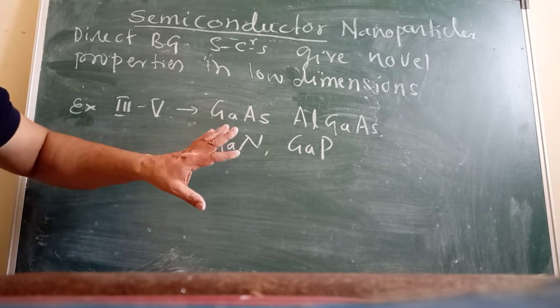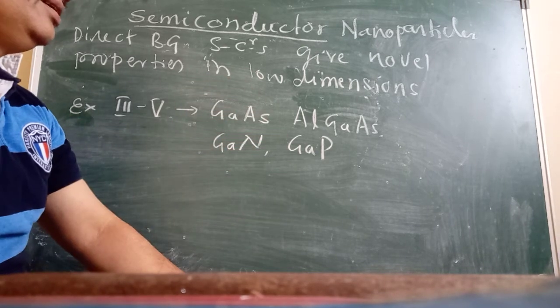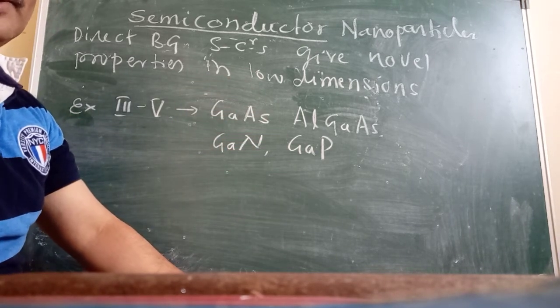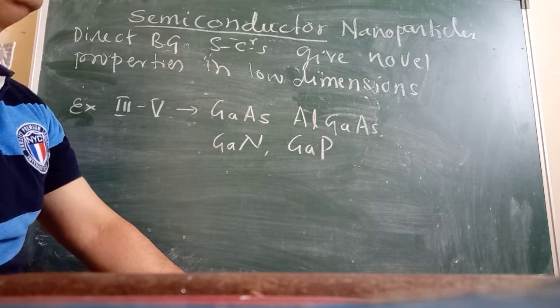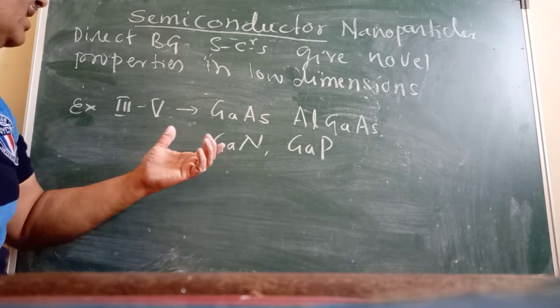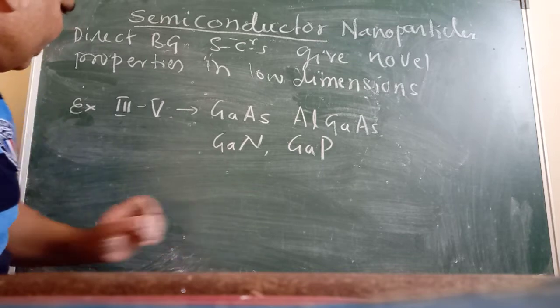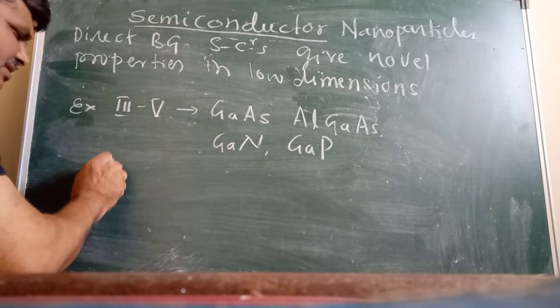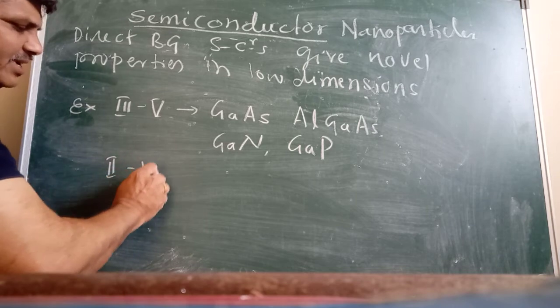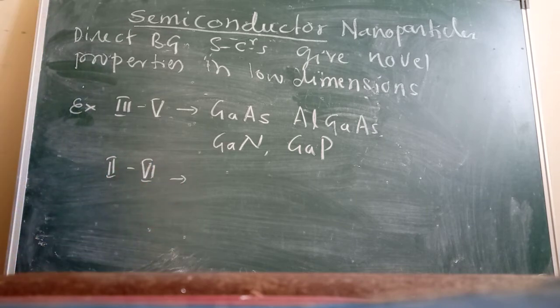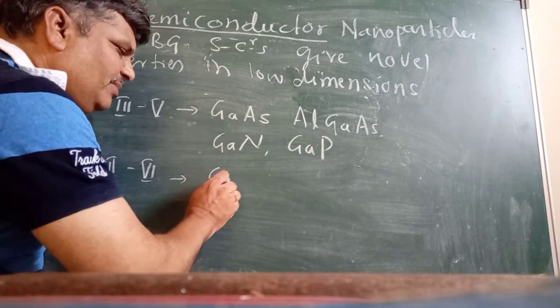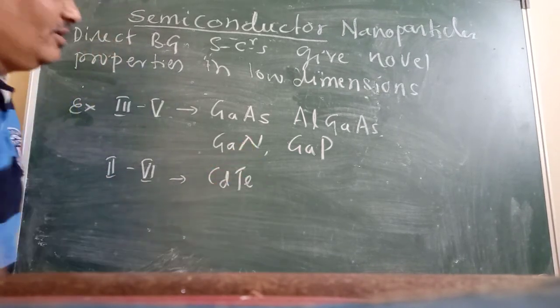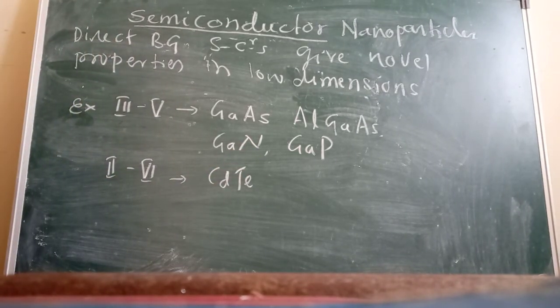These are all different materials in the case of 3-5 semiconductors. Another one is 2-6 semiconductors, for example cadmium telluride.